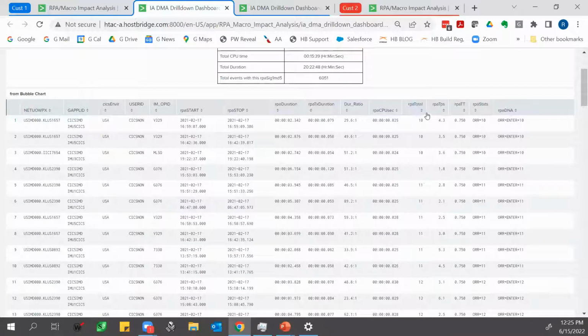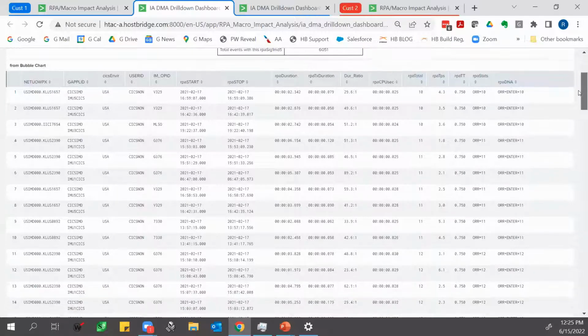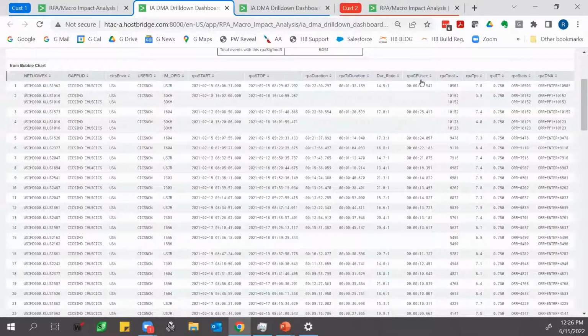And the most common DNA of this automation activity is what? They are scripts or bots or macros that are camping out on an individual transaction, pressing the enter key multiple times, waiting for something to change. Now, I'm going to sort this in descending order by RPA total.